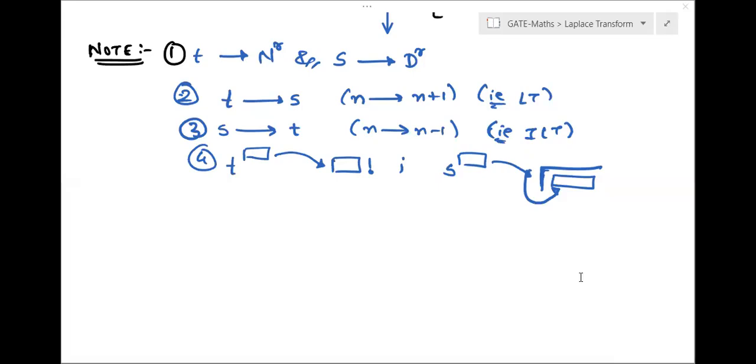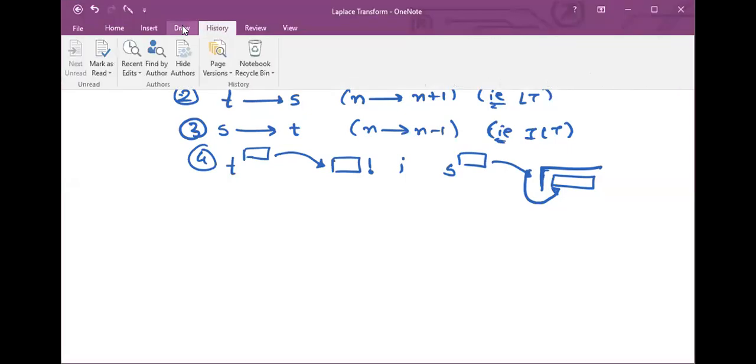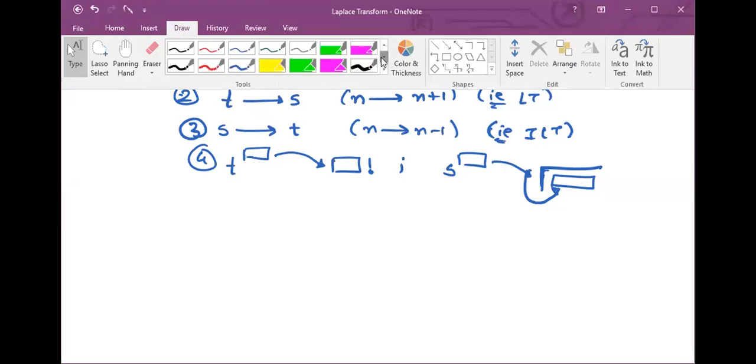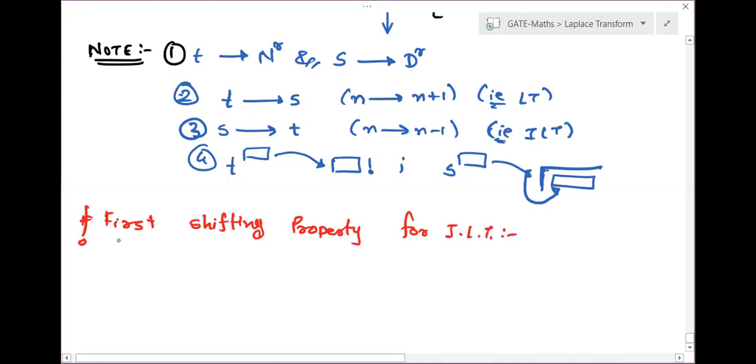I was telling about all the properties, the first shifting property and the second shifting property, that we can apply directly over here. In that case, what we are doing in the first shifting property for inverse Laplace transform?